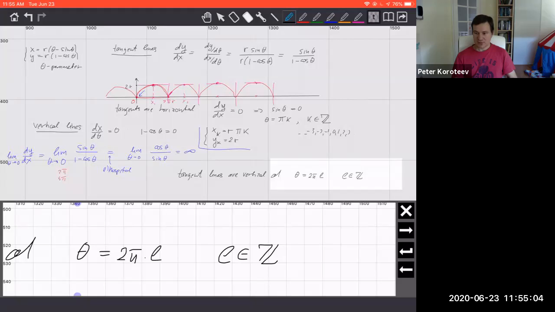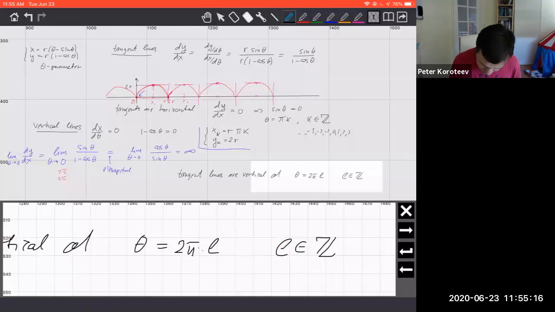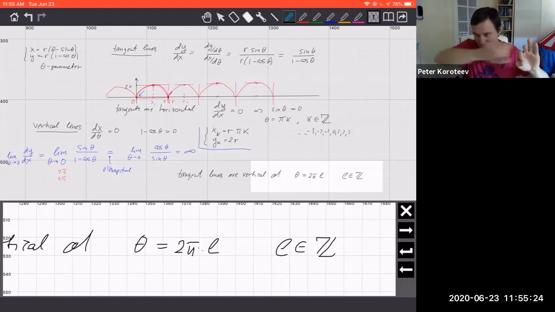What does the L represent? L represents, because it's a periodic process, so this is 2 pi times r. Theta is equal to 2 pi. So it represents an integer. For every integer L, say 100 or 99, if your car drives that far, the tangent line will be vertical.